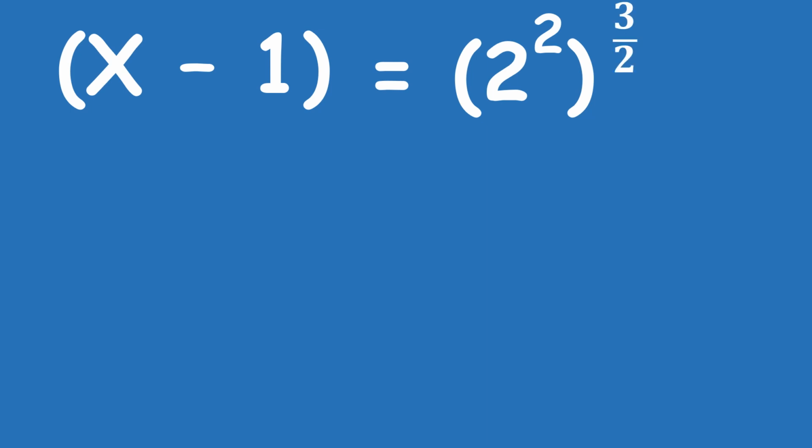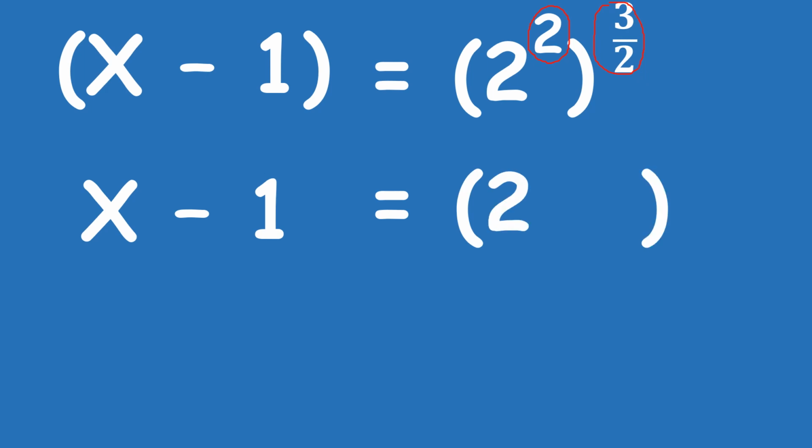Remember, in the law of indices, your exponents can multiply another exponent. So we have 2 raised to the power of 2, all raised to the power of 3/2. So they can multiply themselves.